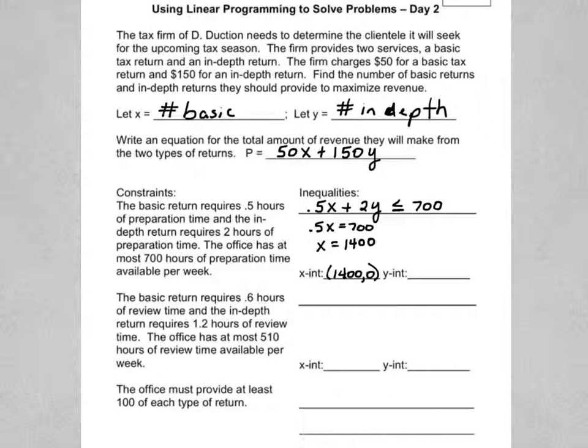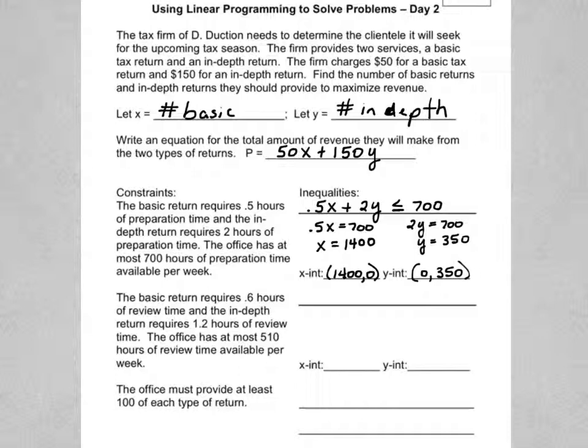Okay. Now the y-intercept is going to be 2y equals 700. All right, and so the y-intercept will be found at 350. So that point will be 0, 350.